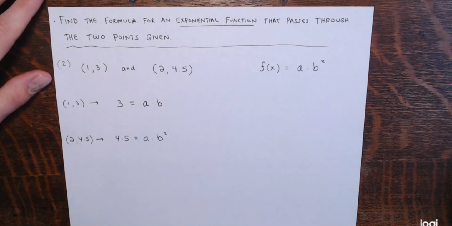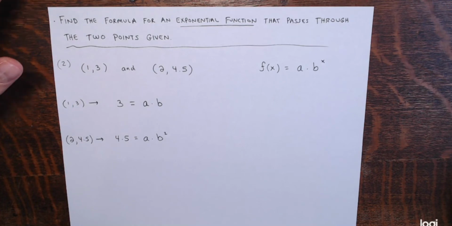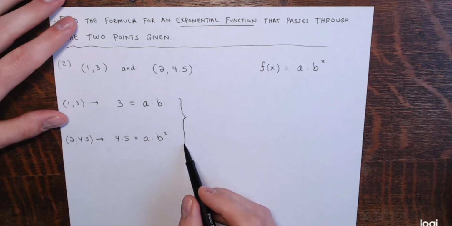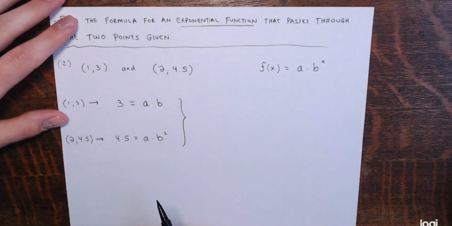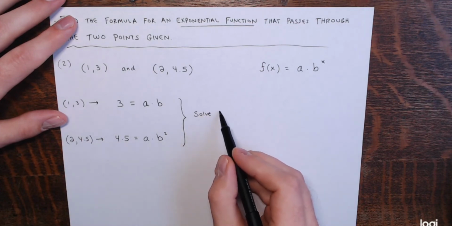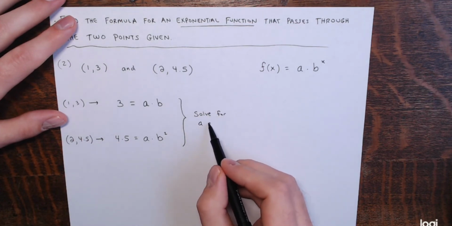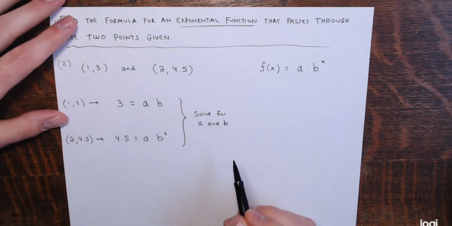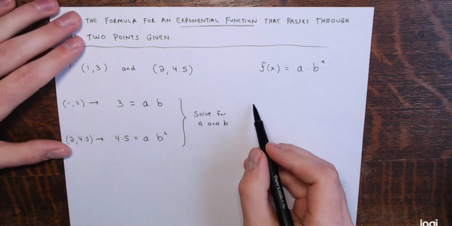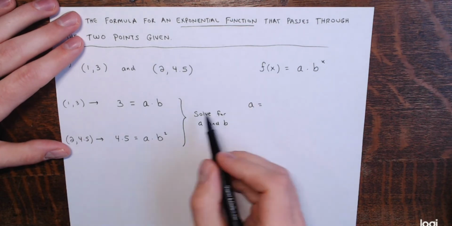Okay. Well, I could do this a couple ways. What we have here is a system. Two equations with 2 variables. So we're going to solve this system for a and b. Alright, so I could do it with kind of a substitution here if I wished. We have up here a is 3 divided by b.